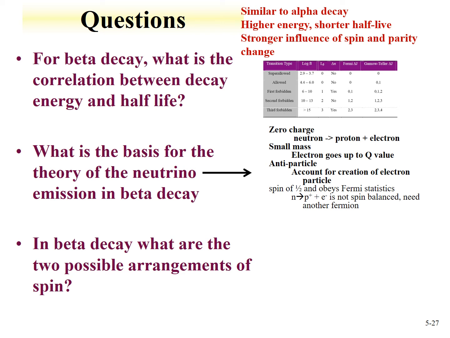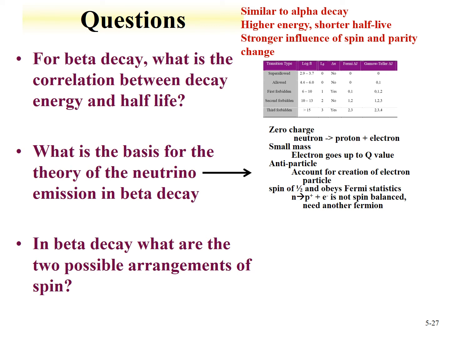Conversely, if we talk about positron decay, where a positron, which is antimatter, is produced, the neutrino is matter, so that's actually the neutrino. And also, this neutrino should have a spin of 1/2 and obey Fermi statistics. Since a transition where a neutron goes to a proton plus an electron is not spin balanced, there's need for another fermion to account for a spin of 1/2 and balance the equation.